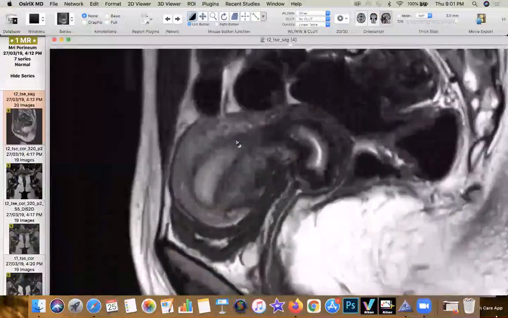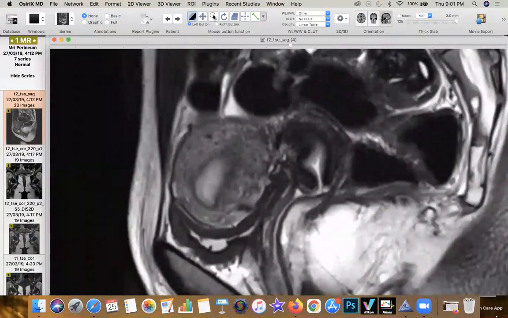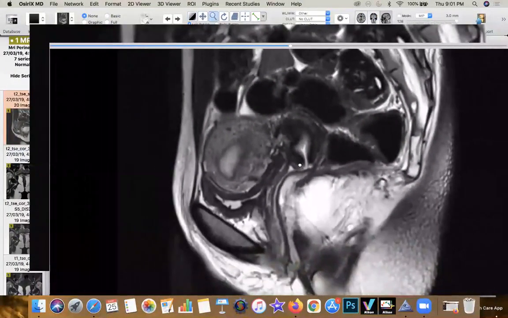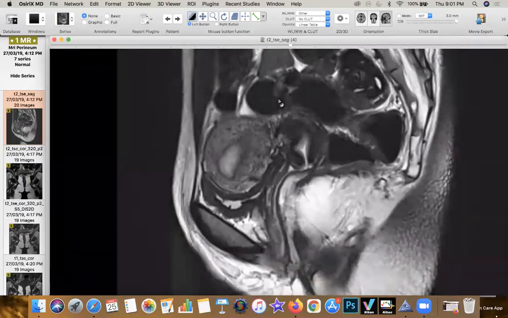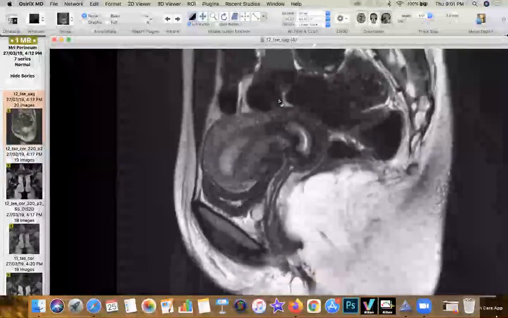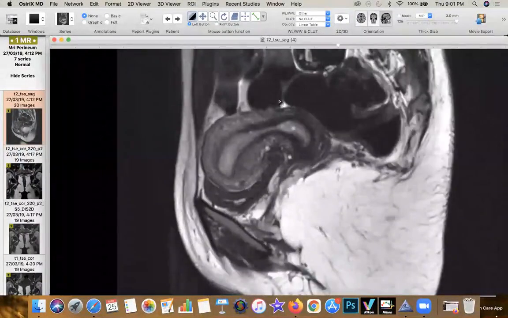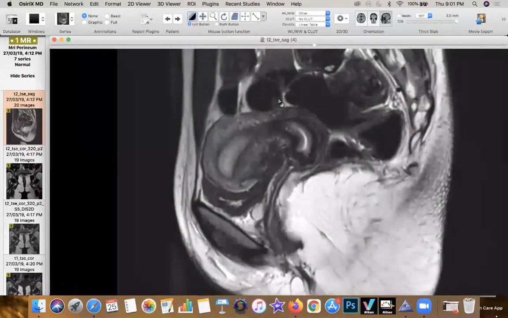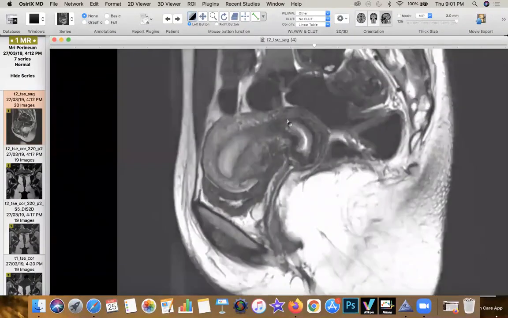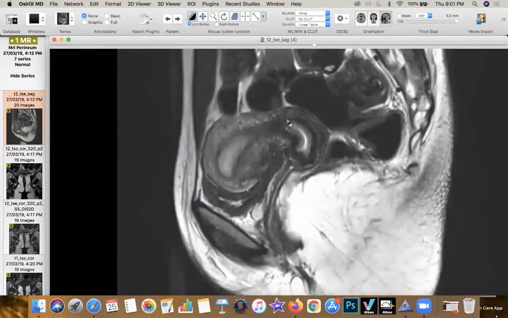So today I'm just going to talk as a continuum of the ectopic endometrial gland tissue location, which is no longer confined to the uterus, but has actually gone beyond the confines of the uterus into the pelvic peritoneal spaces.